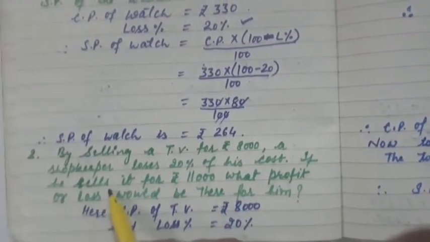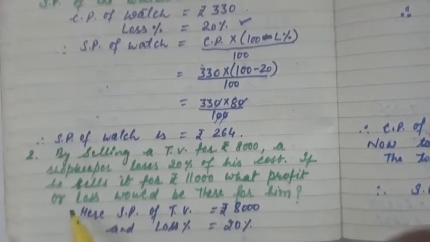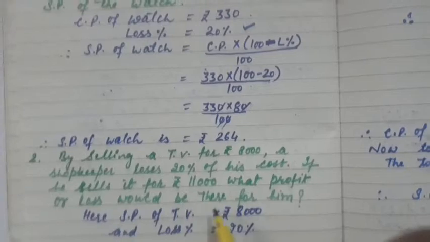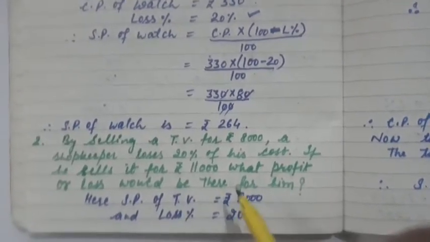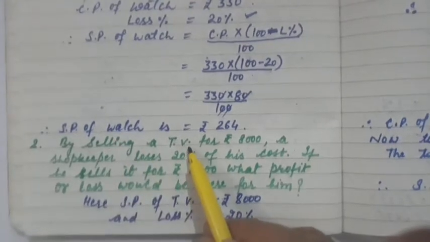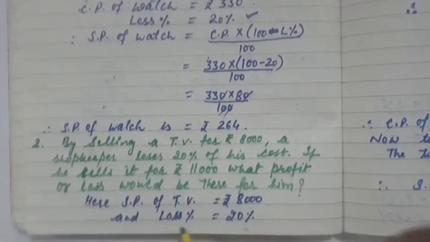If he sells it for rupees 11,000, what profit or loss would be there for him?